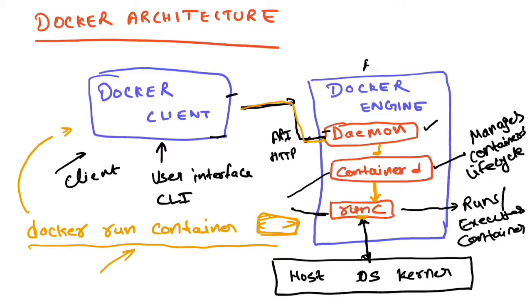Using those instructions, it spins off the container, it executes those instructions, and your container is up and running. And after that, the runc process terminates. Once the runc process terminates, thereafter containerd takes back the responsibility of managing that container which has been created by runc. So this is how it works.